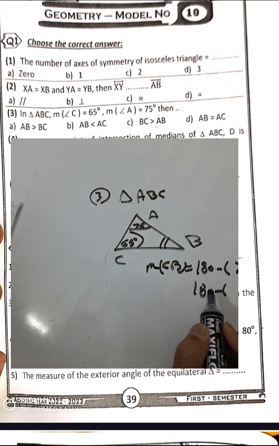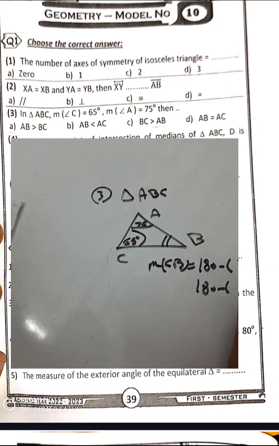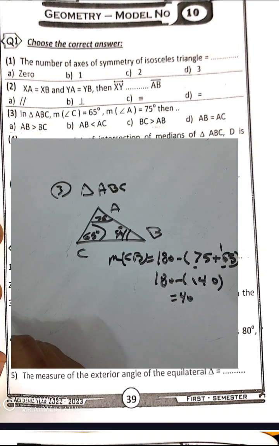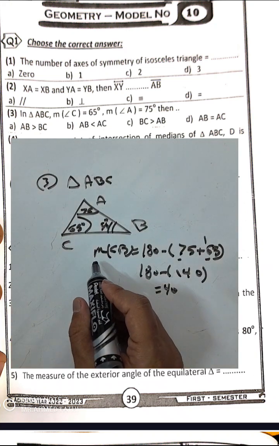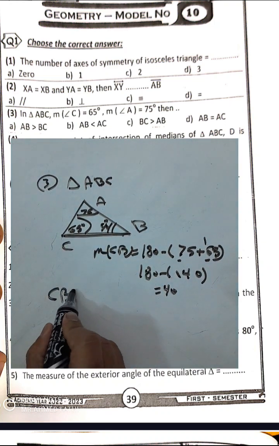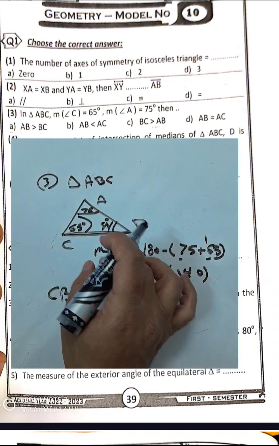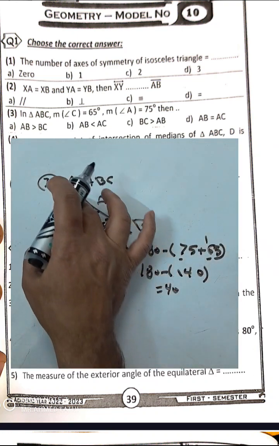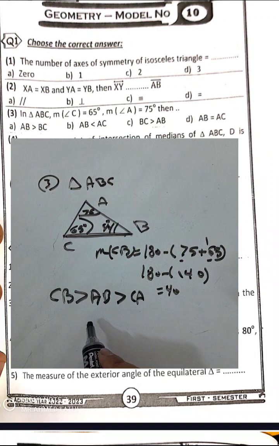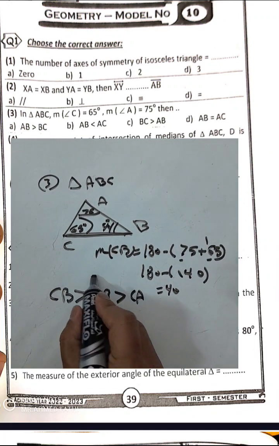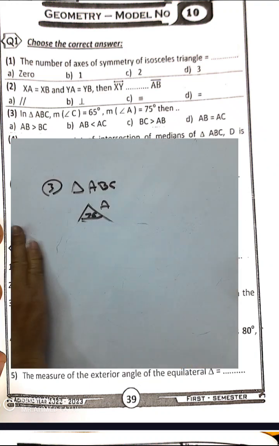The sum is 140, and the result will be 40 degrees. Then the measure of angle B equals 40 degrees. Okay, understood? Then we can find the relation between all sides. CB is the greatest side because it is opposite 75, and AB is opposite 65, and last one CA. So the relation will be BC greater than AB. Choose letter C. It's exactly the result here.